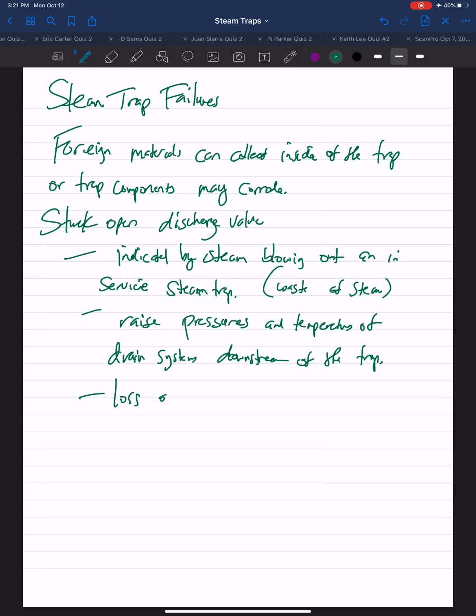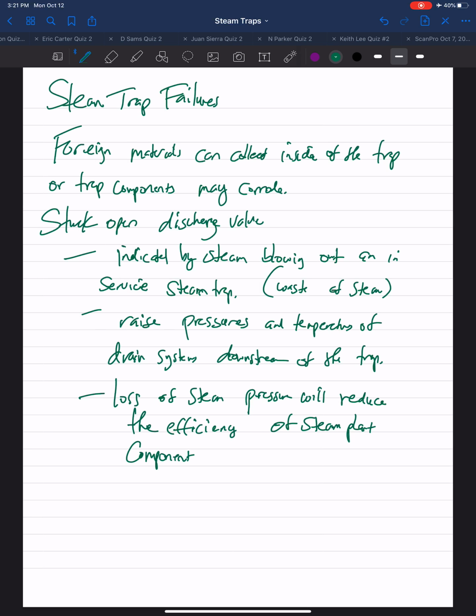Additionally, loss of steam pressure will reduce the efficiency of steam plant components and the overall efficiency of the plant.